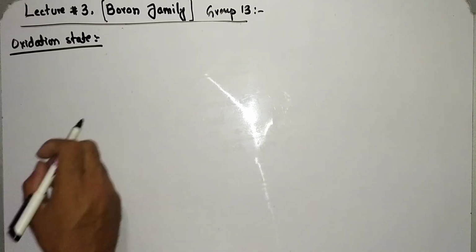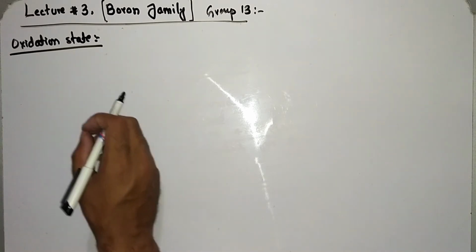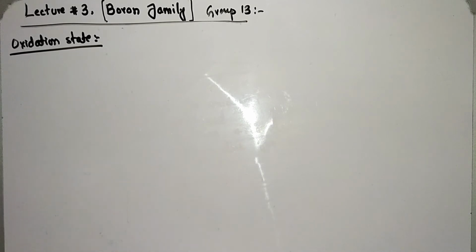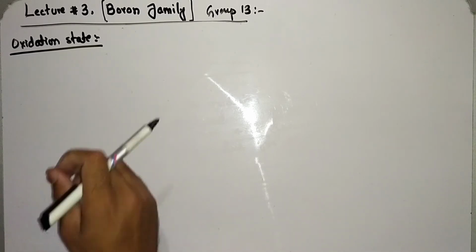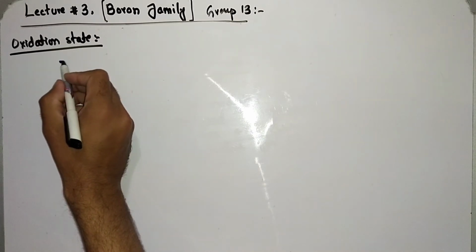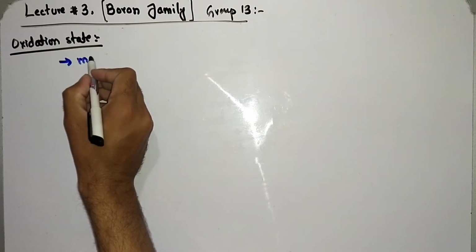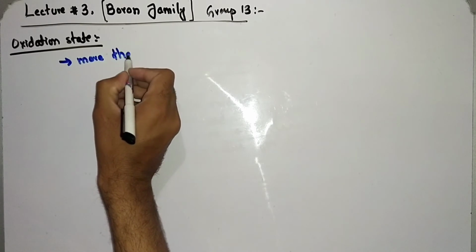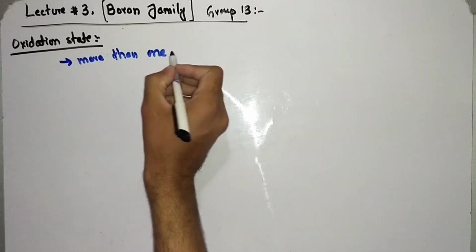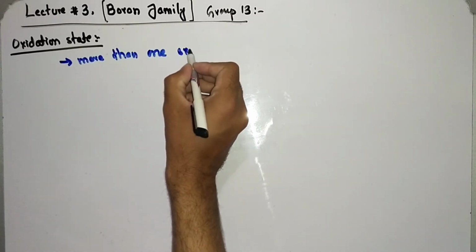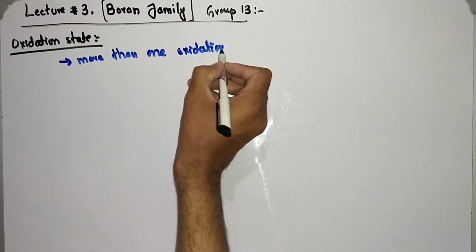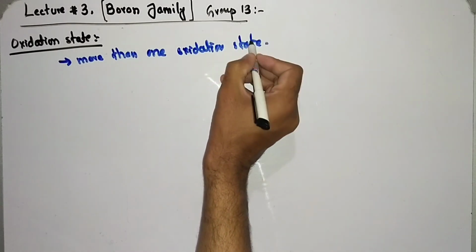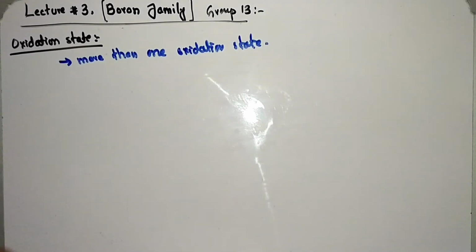It is in group 13 that we first encounter elements possessing more than one oxidation state. Here in this group, in the boron family, the first case is that more than one oxidation state is usually present.